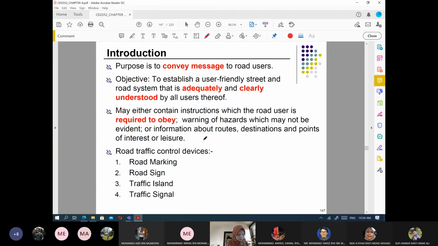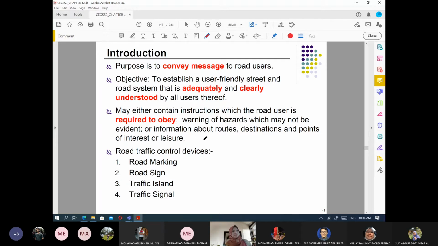Okay, the instruction with the road must contain instruction that the users need to obey, warning of hazards, information about routes, so any signboard tadi lah, destinations and points of interest or leisure. So kalau kat Malaysia, the signboard, that is more to information signboard lah. Kalau talking about interest or leisure, signboard dia warna apa?